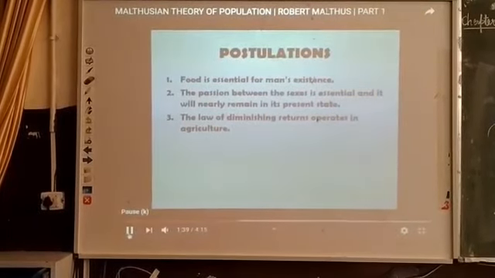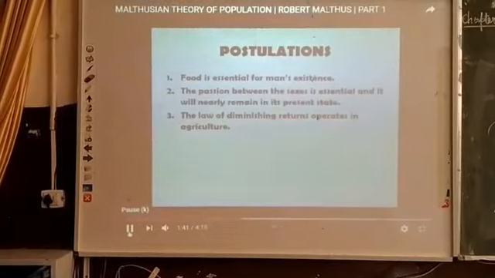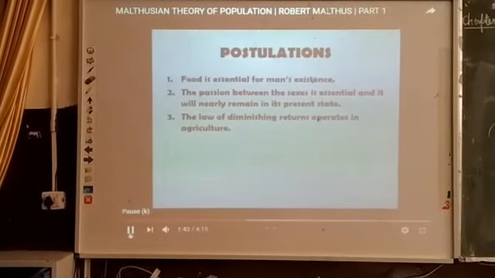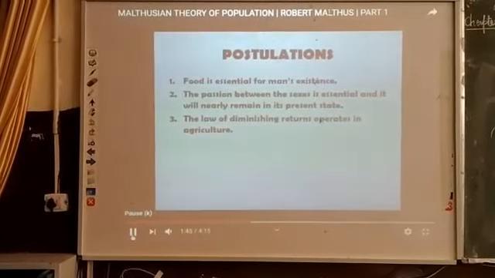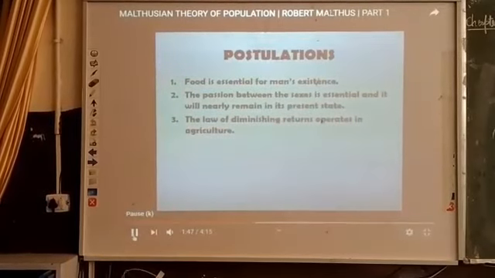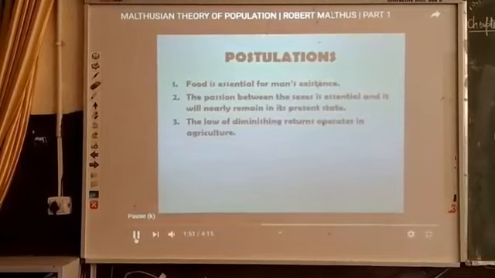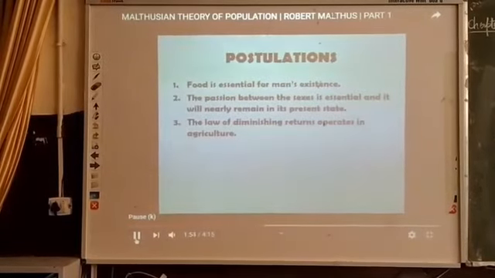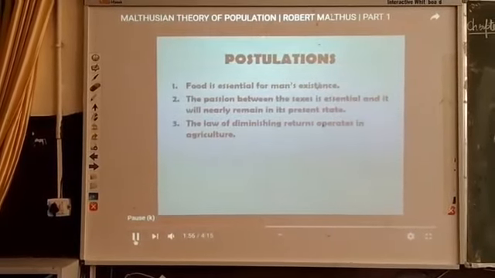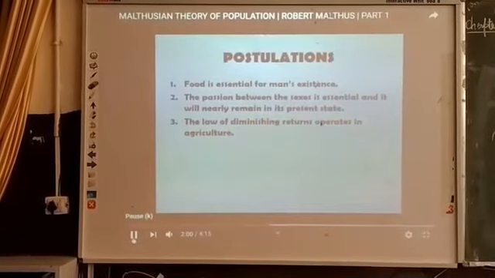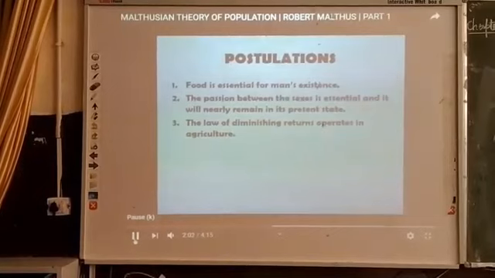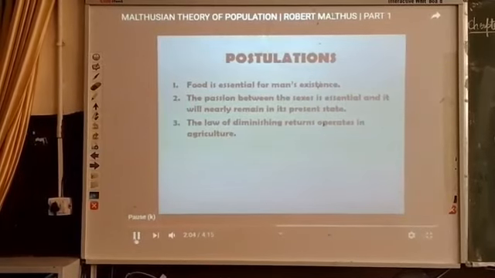Third, the law of diminishing returns operates in agriculture. I need to explain this. The law of diminishing returns says that there is a point at which the level of profits or benefits gained is less than the amount of money or energy invested. This logic works with agriculture.